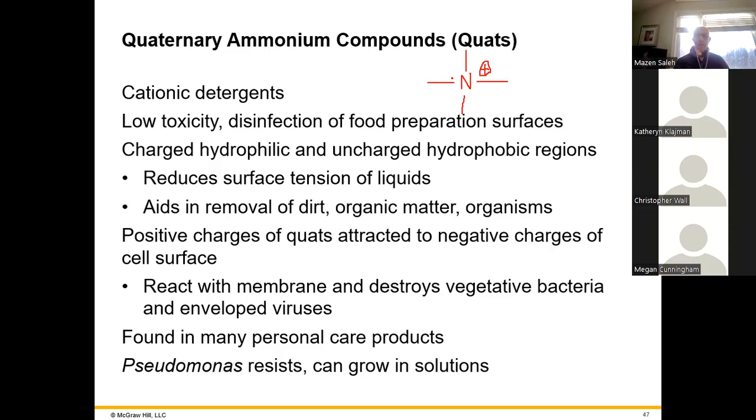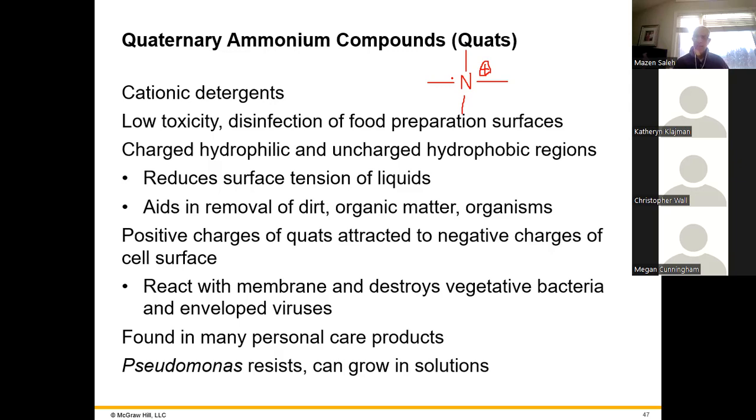It works by reducing the surface tension of liquids, just like any detergent. It's effective as a degermation agent to remove dirt, organic material, microorganisms, obviously, along with those as well. It reacts with membranes. Of course, being amphipathic means that as a detergent, it will penetrate membranes.